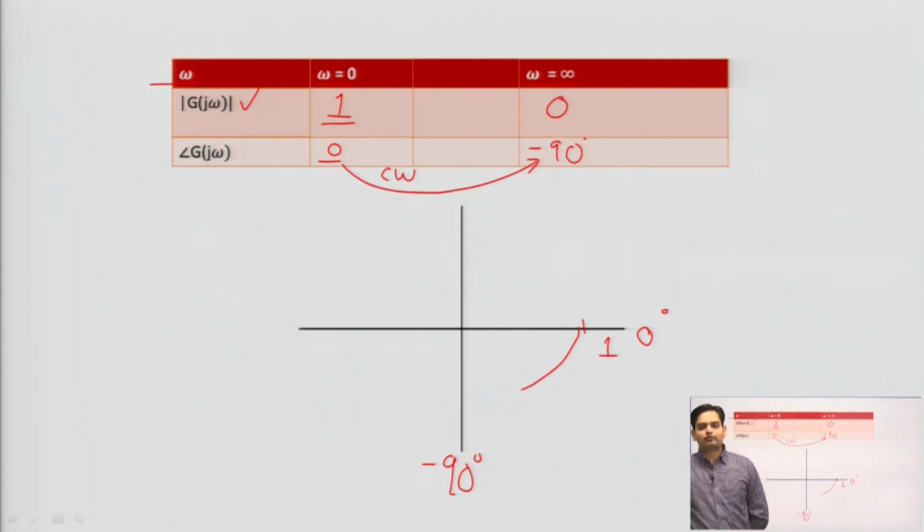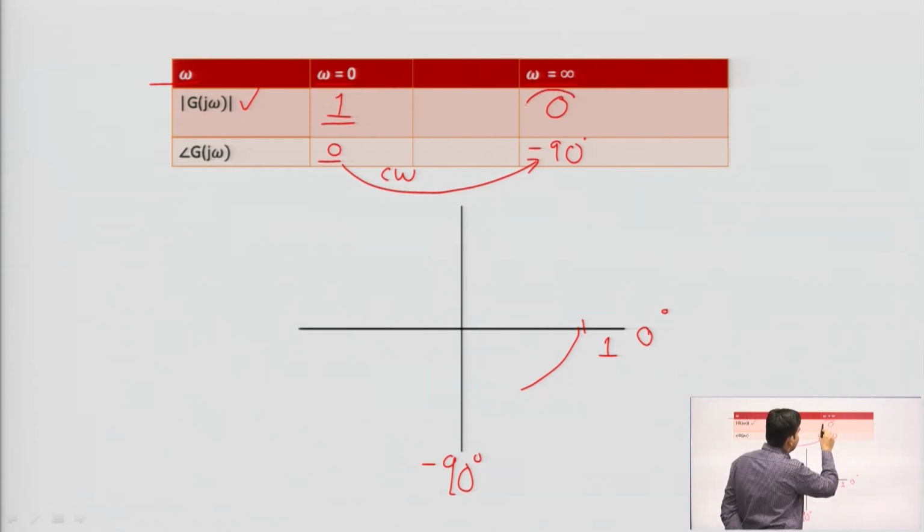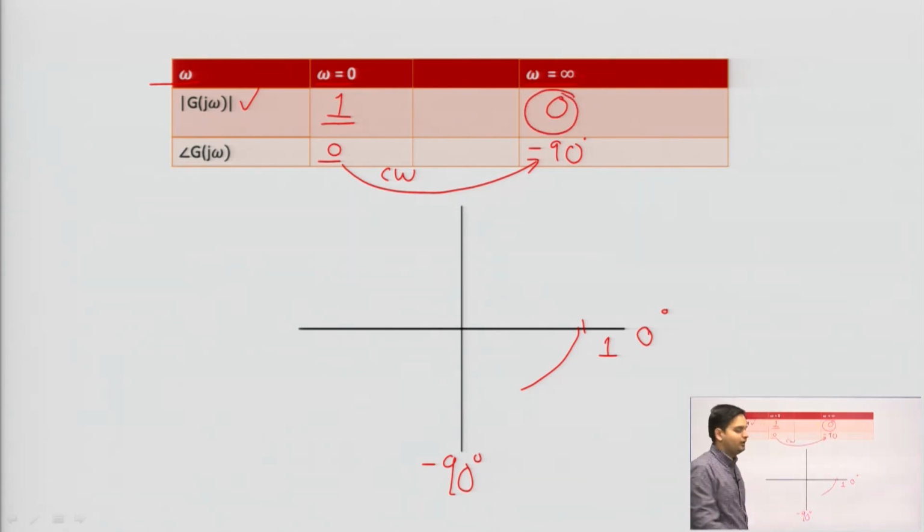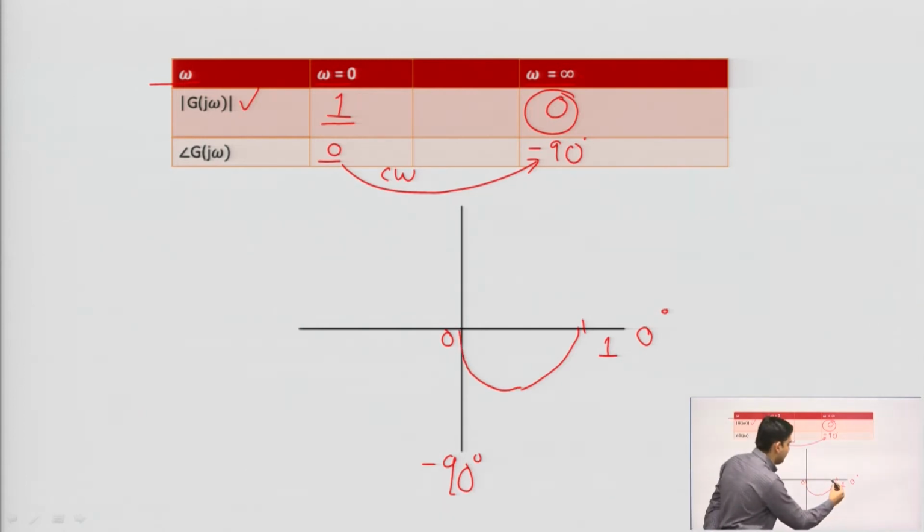So, whenever I am moving towards minus 90, what is happening at omega equal to infinity? My magnitude is going to 0. Where is 0? 0 is at the origin. It means whenever I am approaching minus 90, my magnitude is moving towards 0, right, and this will be my polar plot for this function.